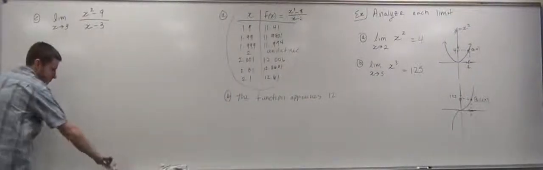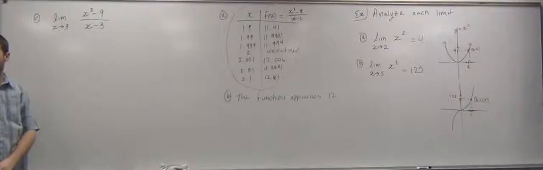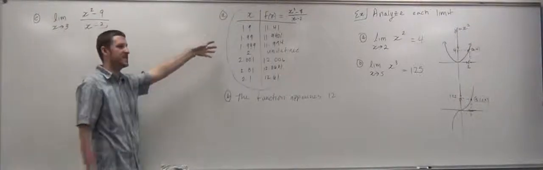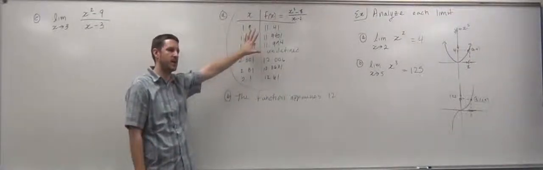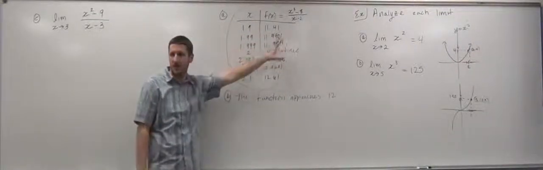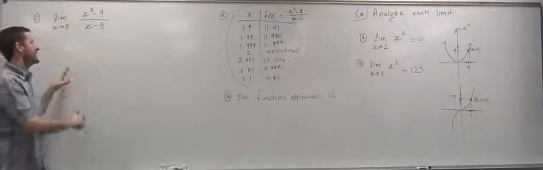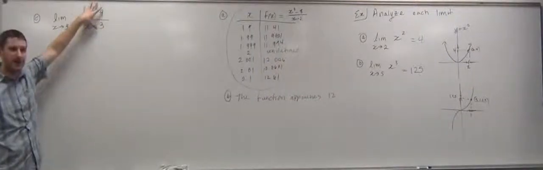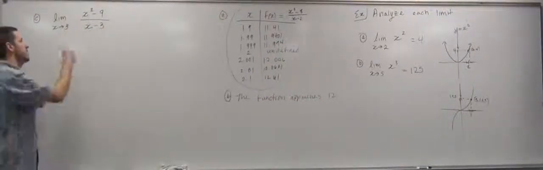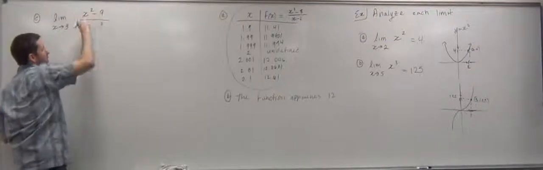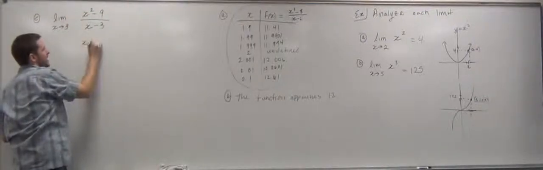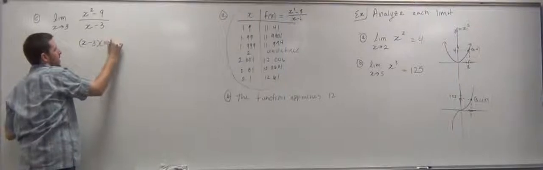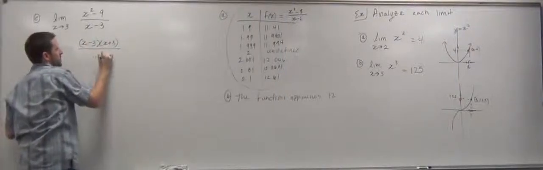That one it's x minus 3 times x plus 3. Right, so one way to do this again would be to make this table, but I kind of want to get away from this, okay? Because this is just guessing. Another way to analyze this is to say, well, can I simplify this at all? Yes. So this rational function here can be rewritten as x minus 3 times x plus 3 over x minus 3.